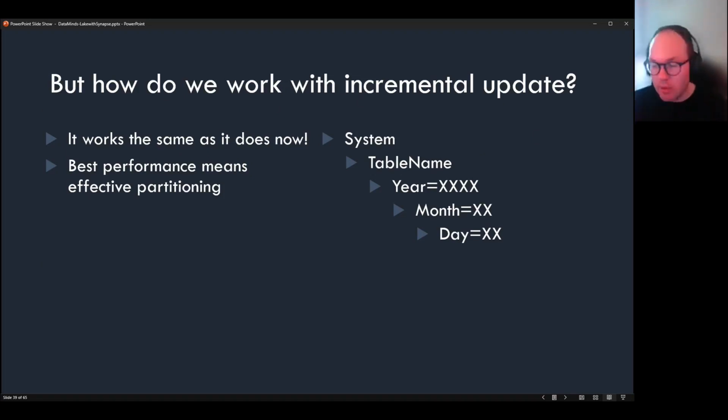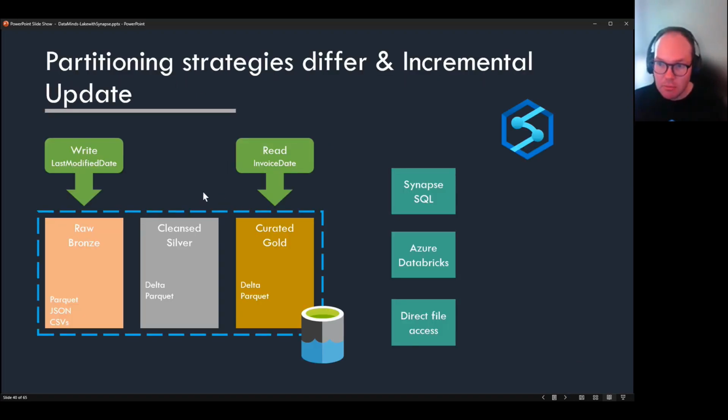So if, for example, I've got a fact table that ultimately sits in my gold layer, I'm probably going to partition that by invoice date because I'm probably going to use incremental refresh on invoice date. I'm not going to use it on top of last modified date because that means that my partitions are not actually going to be mutually exclusive and collectively exhaustive.